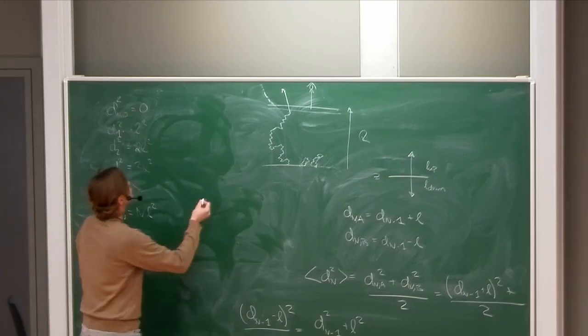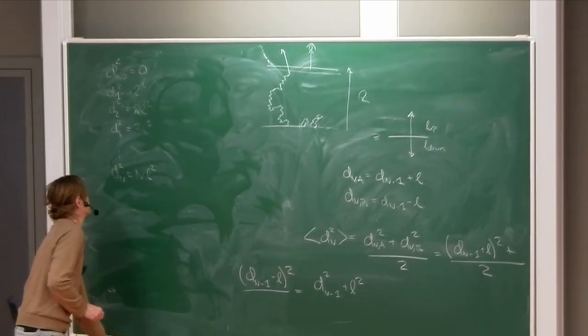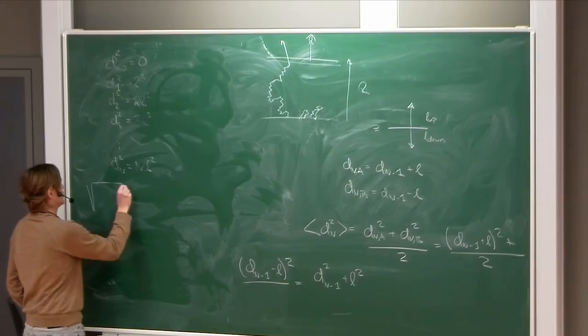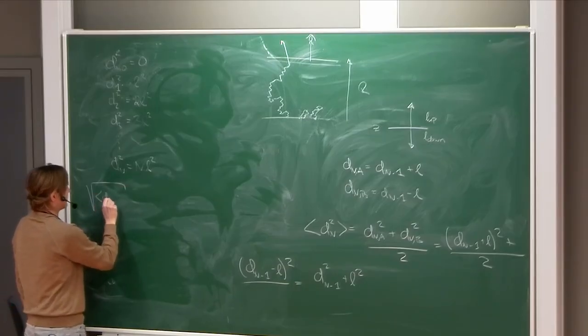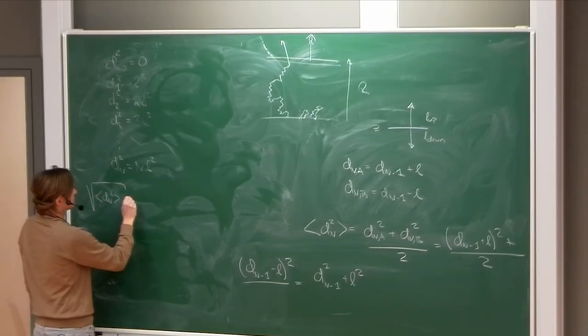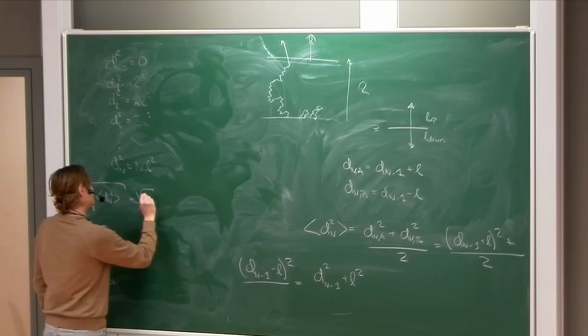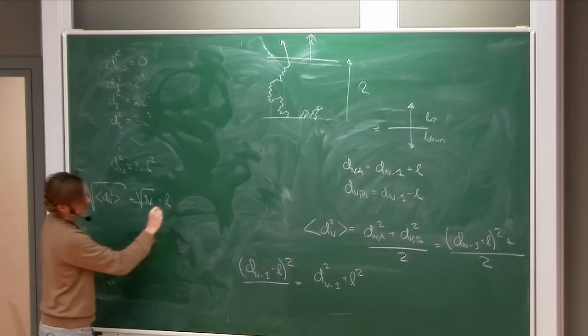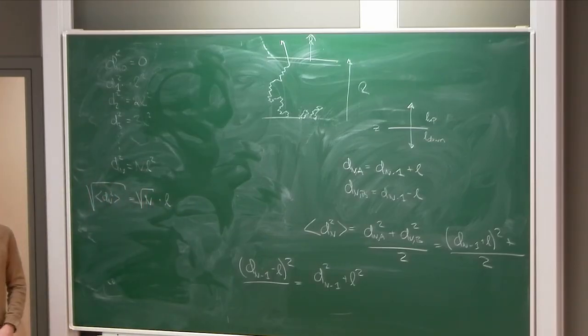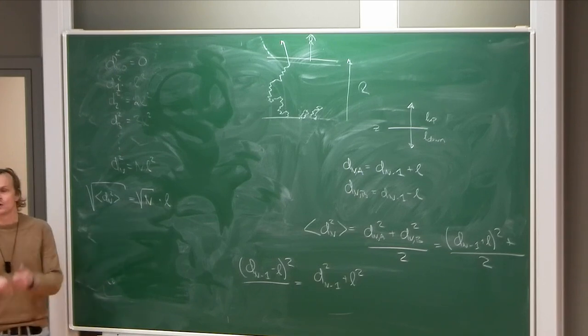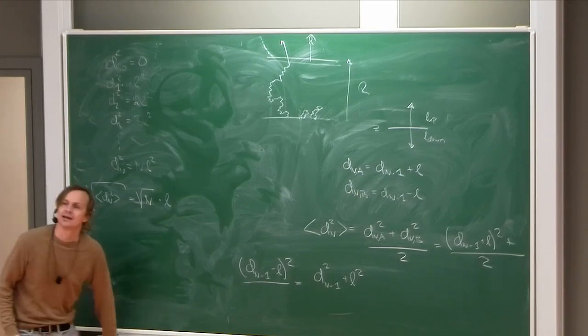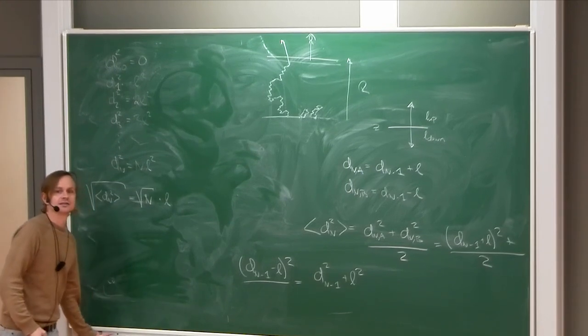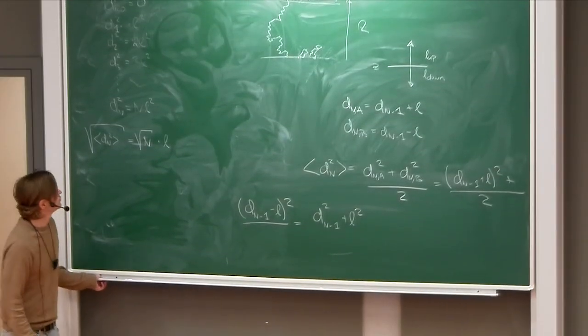So the root mean square average, d_n, is just going to be the square root of n times L, where L is your mean free path. And this is, of course, the square root of n law that you may or may not have seen in your statistics course.